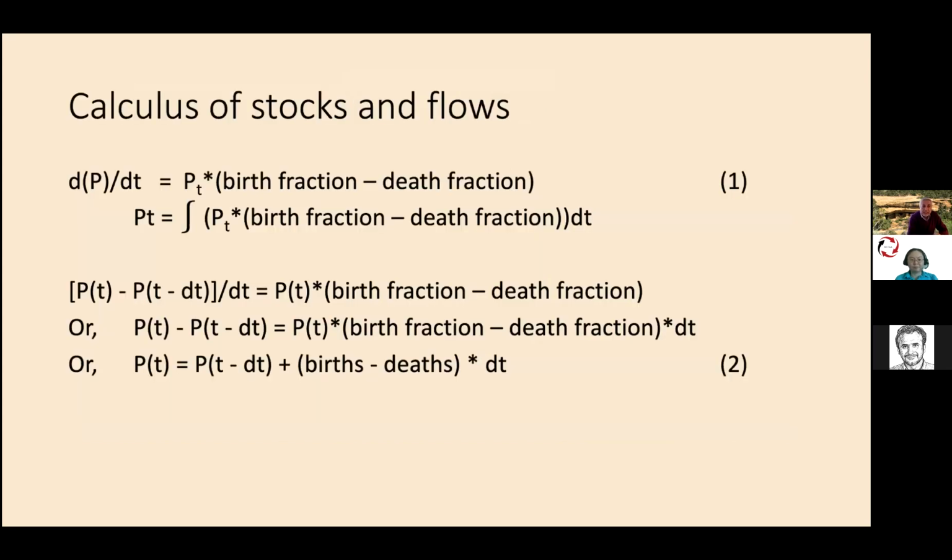Which brings us to the calculus of stocks and flows. Feedback is implicit in the mathematical representation of systems, of a system of differential equations. System dynamics software actually rewrites the abstract computation into an intuitive format, then graphically represents them in stock and flow diagrams. So this is the differential equation format, and this is the intuitive format that we transform it into.